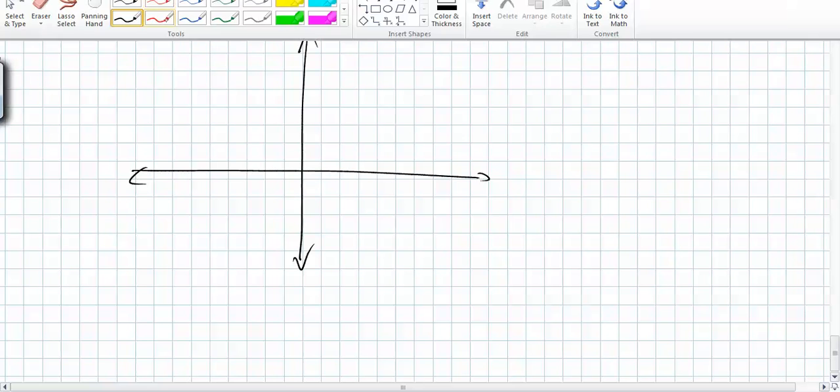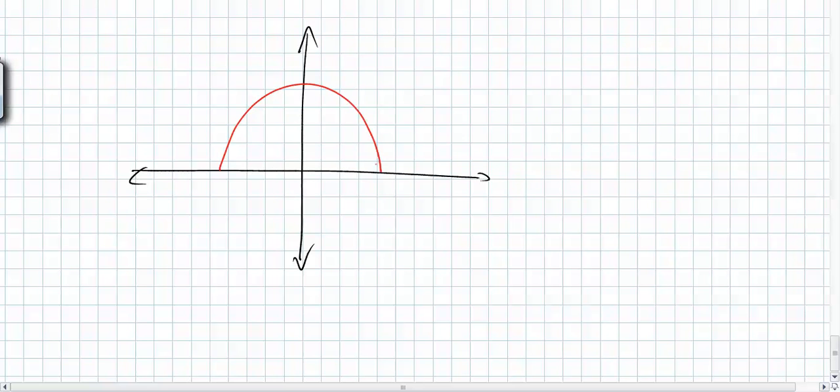So let's say I asked you, let's do this one right here. I'm going to draw an arc right here. Here we go. And we're going to say that that's equal to y equals the square root of 1 minus x squared. That's also known as the upper half of a circle of radius what? 1.